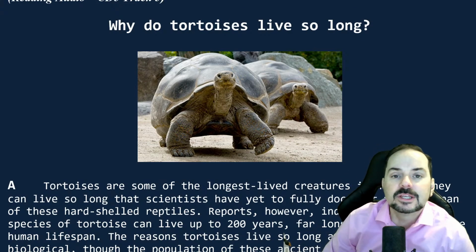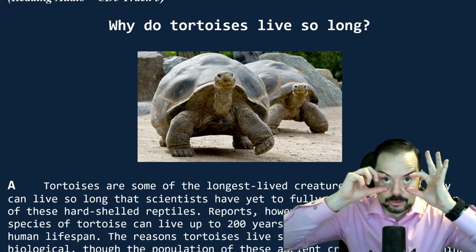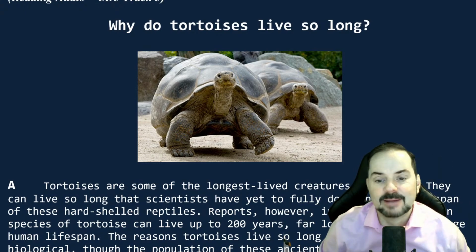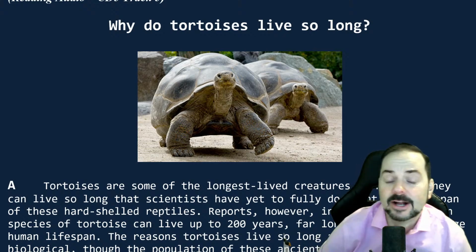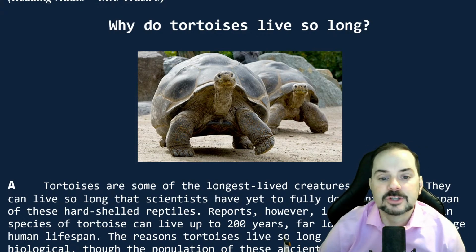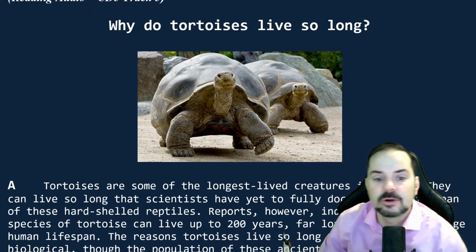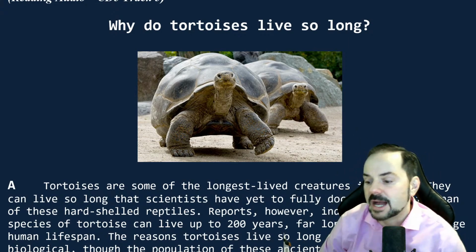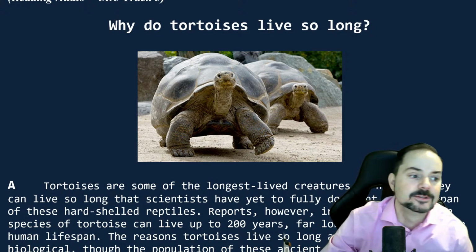So when you're looking at a picture, use your eyeballs. Your eyeballs are your greatest weapons against bad scores on IELTS, and it's true. Humans are visual. The entire back part of our brain is used for visual processing, so we need to rely on that supercomputer there.